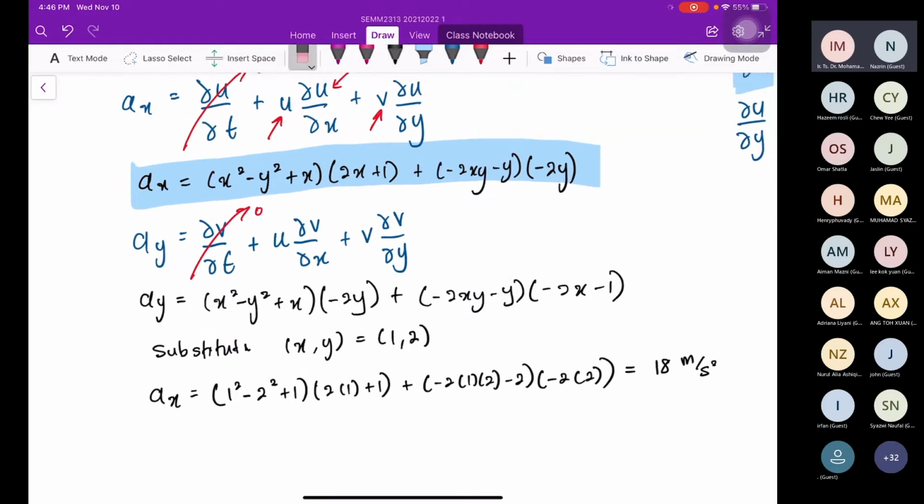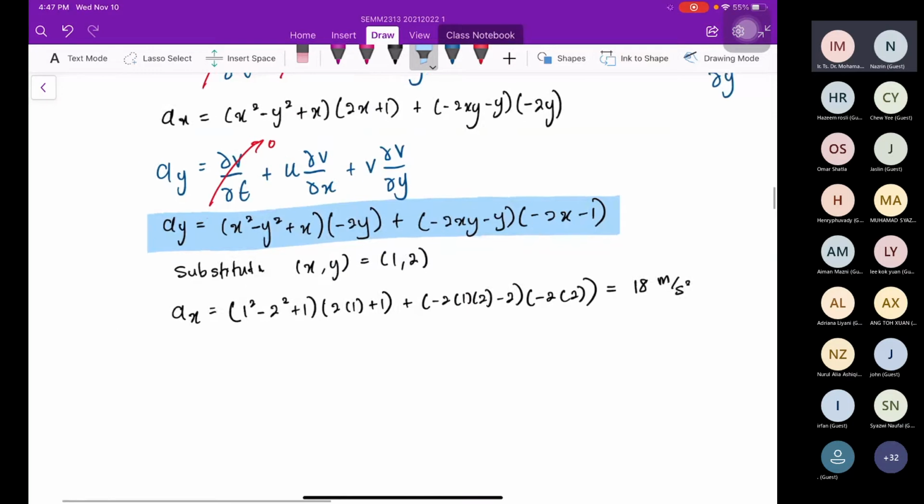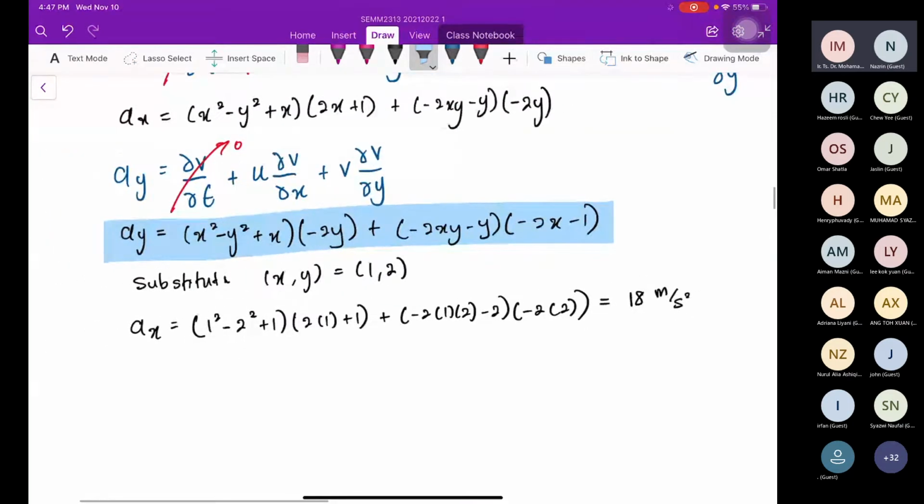Okay, now we proceed on, okay, this one. Alright, I want you focus. So, ay, basically the same thing, just substitute.